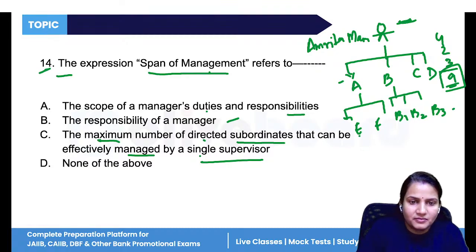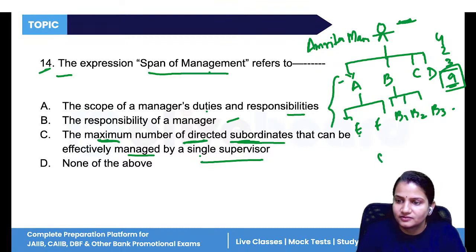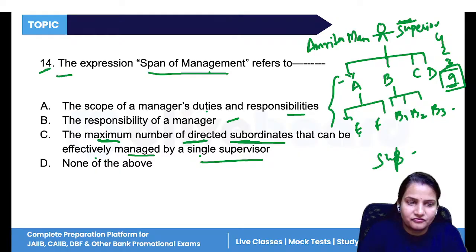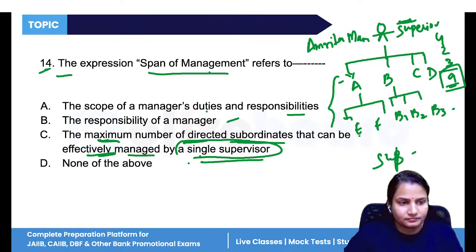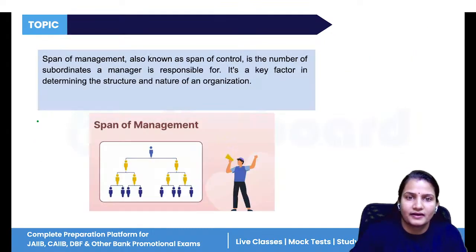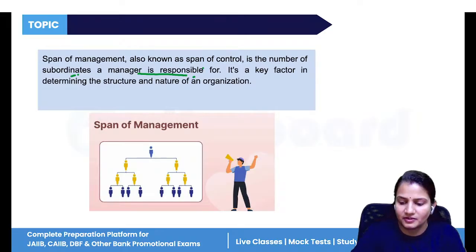So the maximum number of directed subordinates that can be effectively managed by a single supervisor. So option C is the correct answer. So this is span of management.